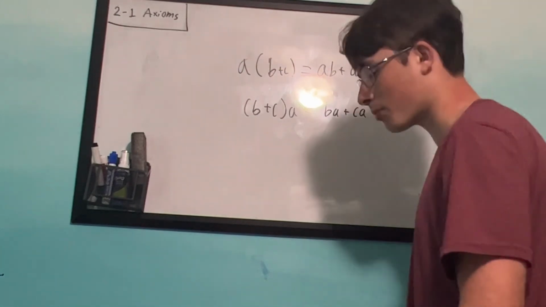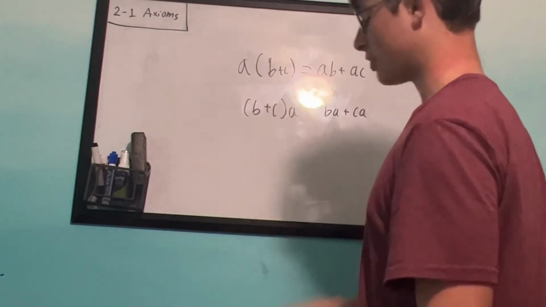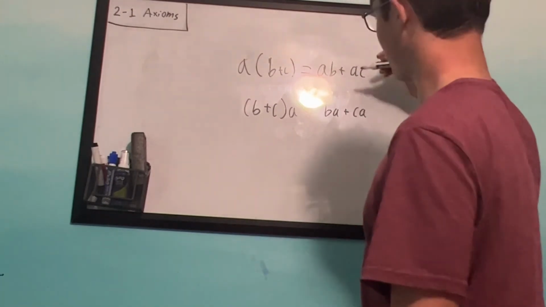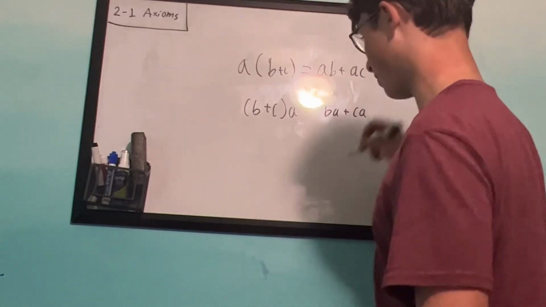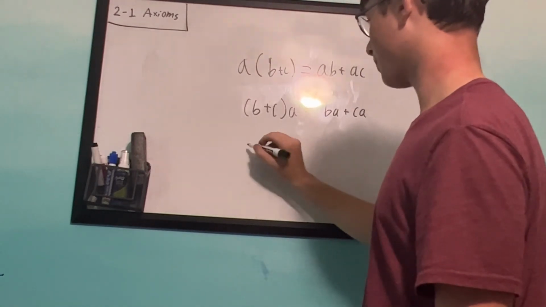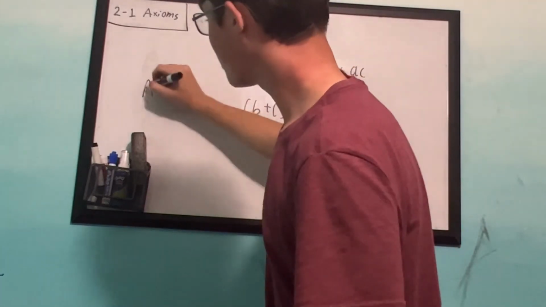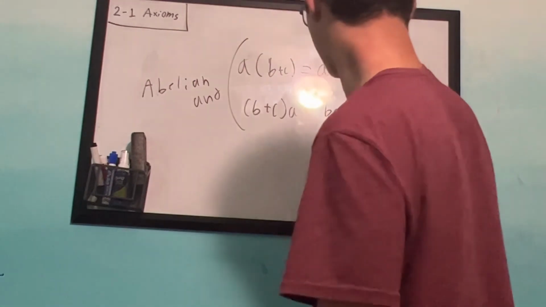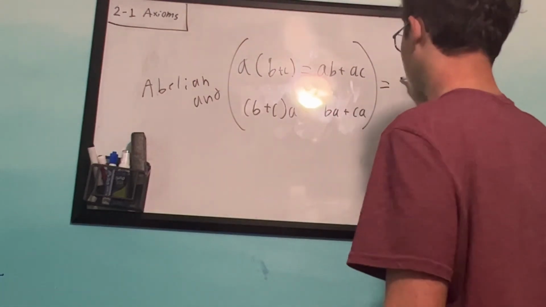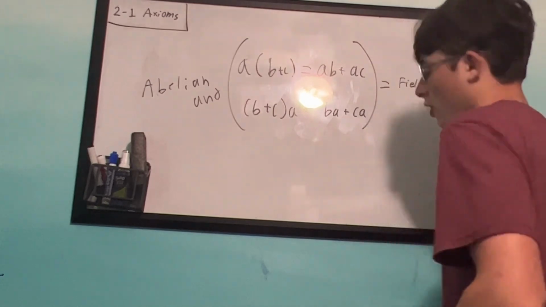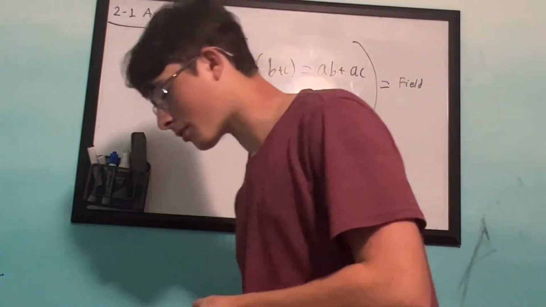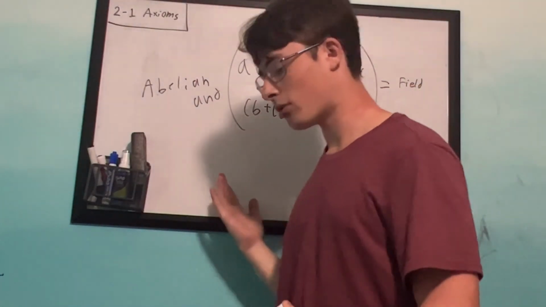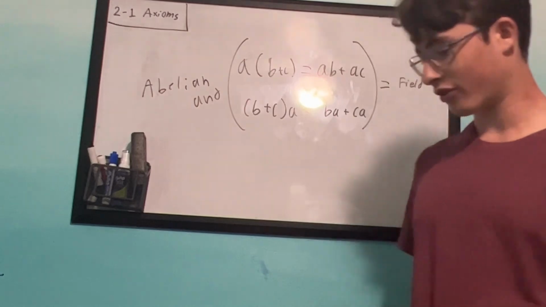If you have an abelian group, and you're working with the distributive property, so you know that these two statements are equal, then you can say abelian and this, that would be a field. And so a field is where the binary operations hold closure, associativity, identity, and inverse elements. They are commutative and they are distributive over each other.